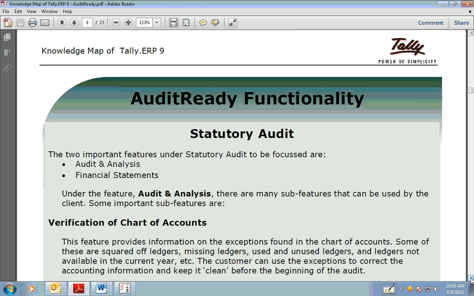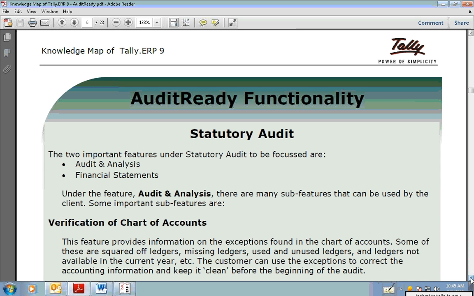We will discuss each sub-feature, how it helps the customer and makes his data clean, so that there are no further dependencies, nothing unclear, and nothing on hold. He completely clears all that information and keeps it ready for the final check with the auditor.